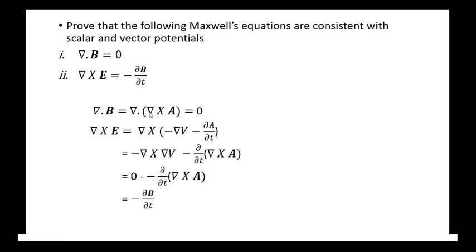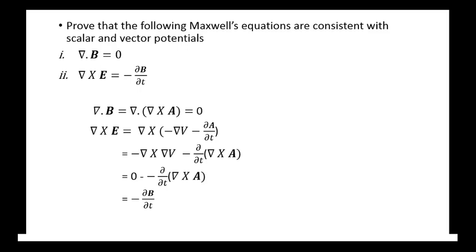Divergence of curl of a vector is always 0. So you got del dot B as 0 itself, even though you had substituted B as del cross A.